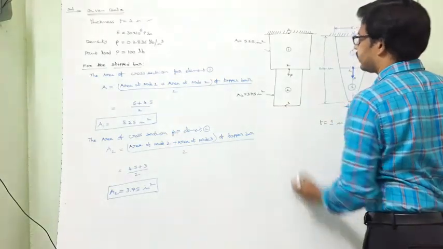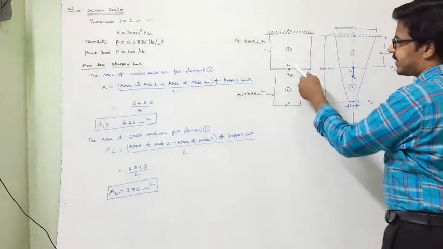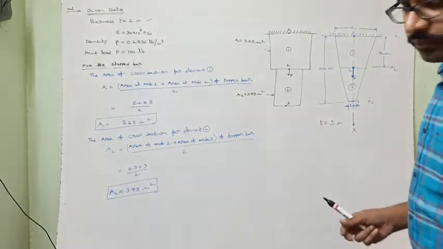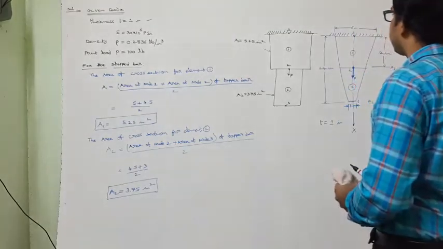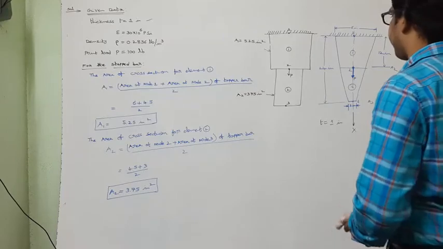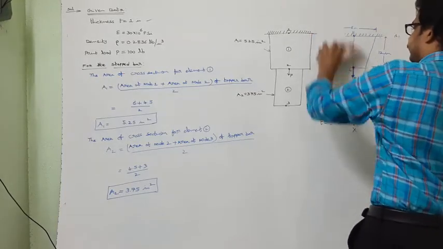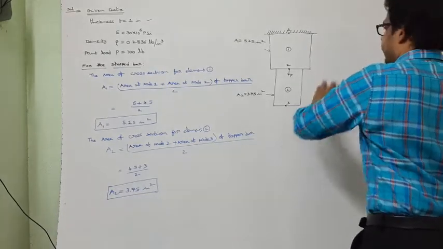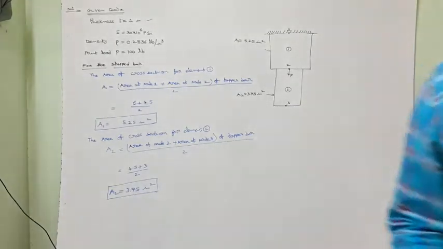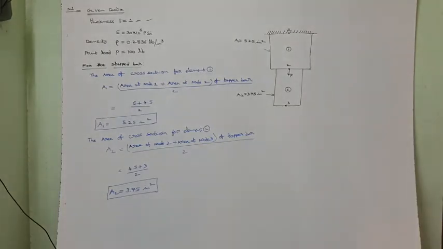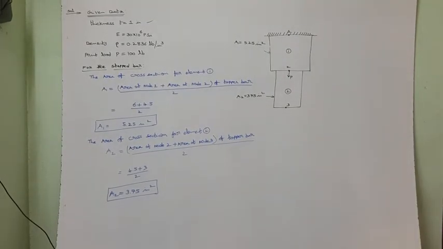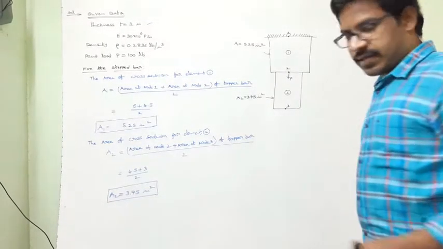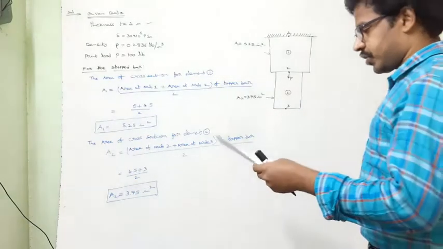So this is the first node, second node and third node. So A1 equal to 5.25 inches square and A2 equal to 3.75 inches square. This is the first question.